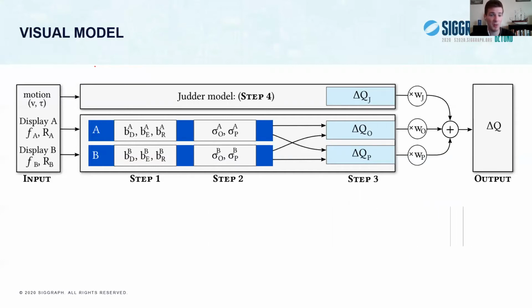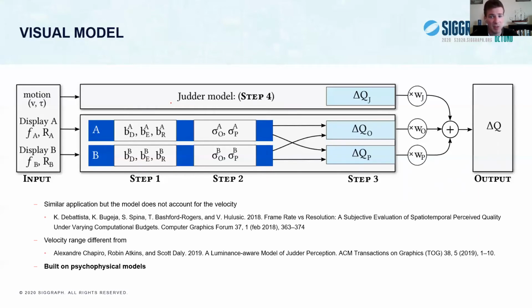We build our model around the worst case scenario of a single line moving left or right, as on the screen. While the proposed application is indeed closely related to the work of De Battista and his colleagues published in 2018, we introduced the motion components, which ultimately allows for dynamically adaptive rendering in the end.